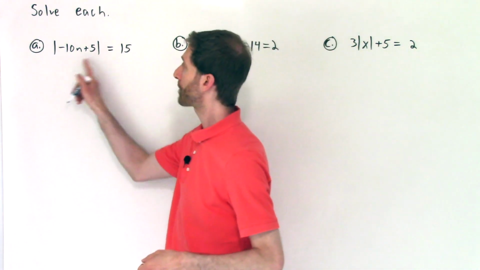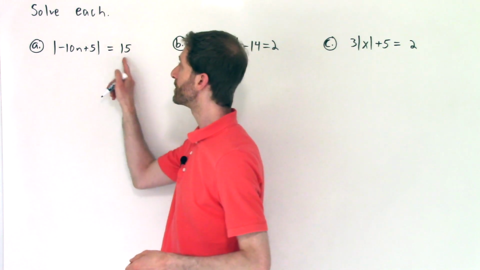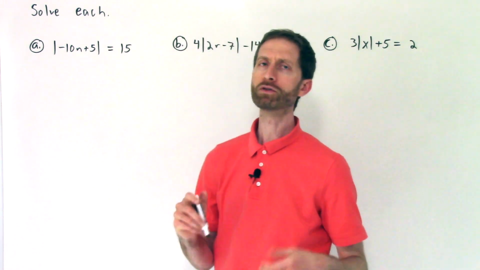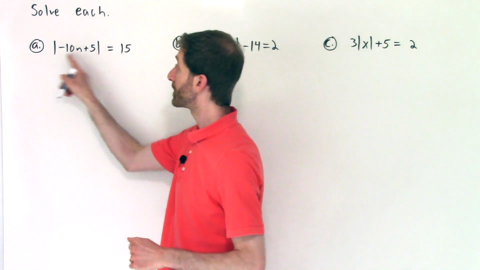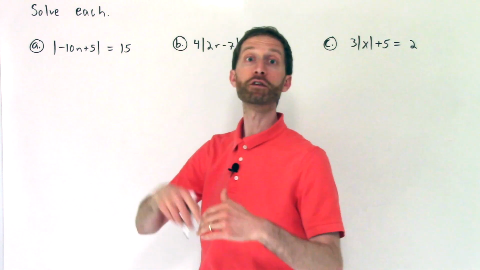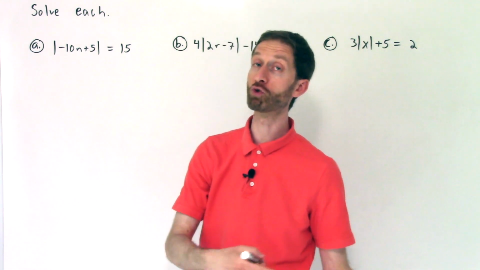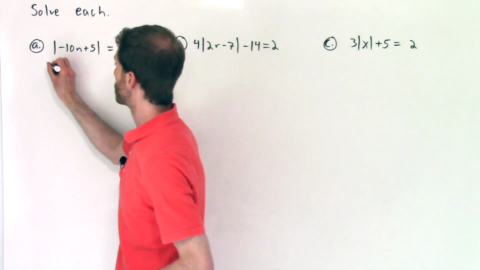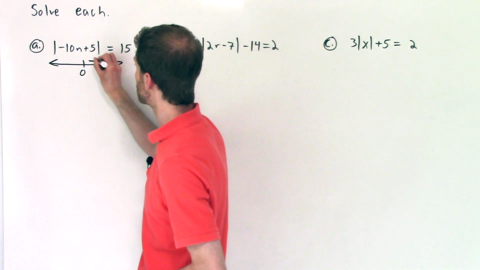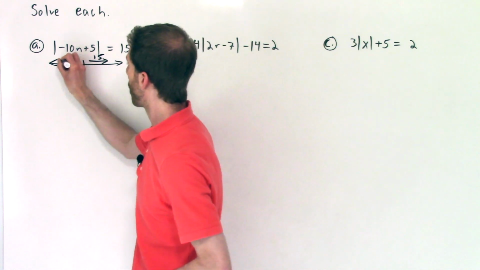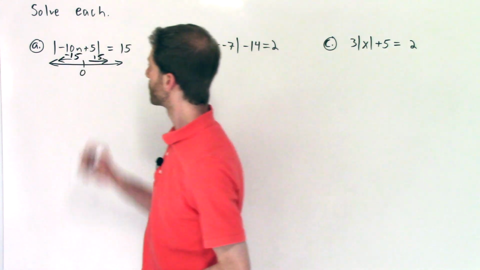So here we have the absolute value of all of this is 15. Well, okay, if the absolute value of all this stuff is 15, we know that this stuff is 15 to the left or 15 to the right of 0. So in my head, I'm picturing this and saying, all right, from 0, we're either 15 to the right or 15 to the left.